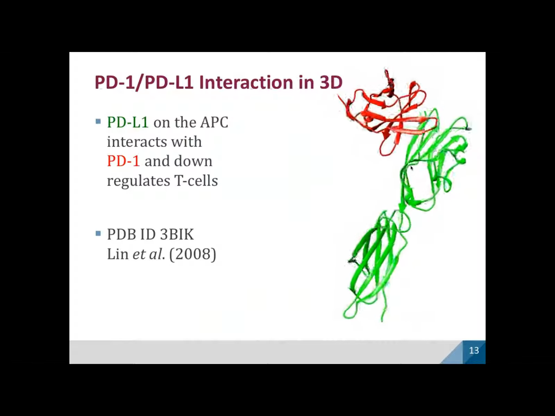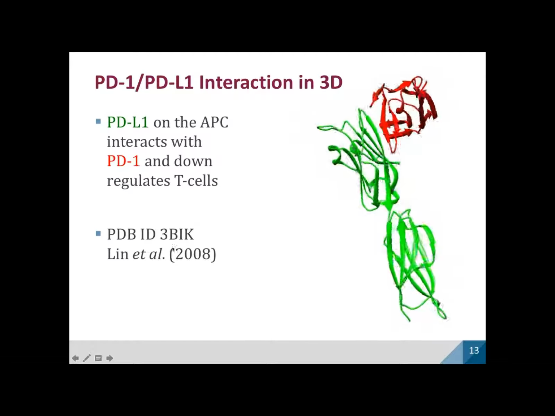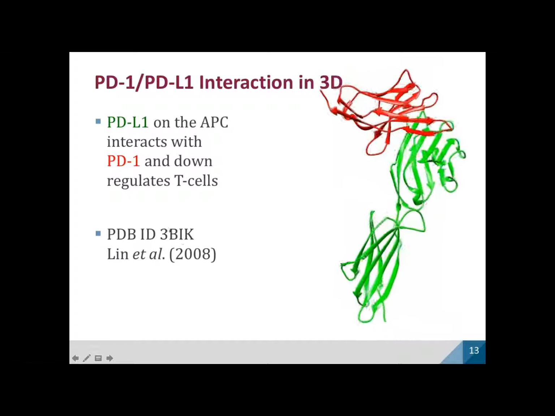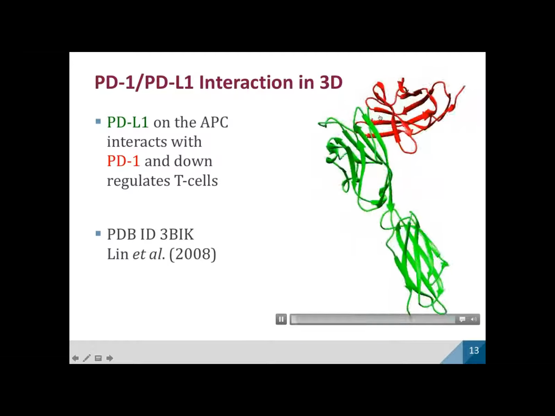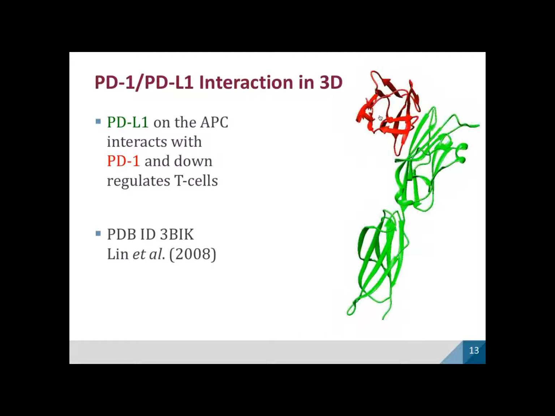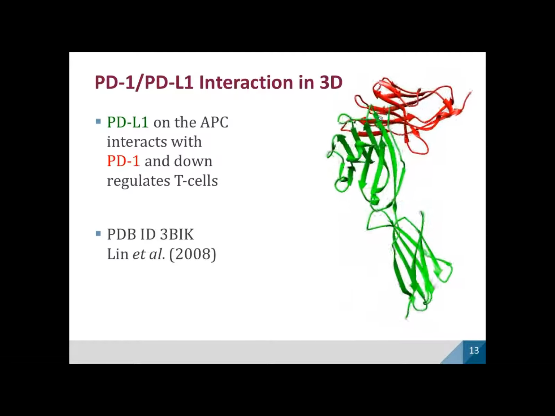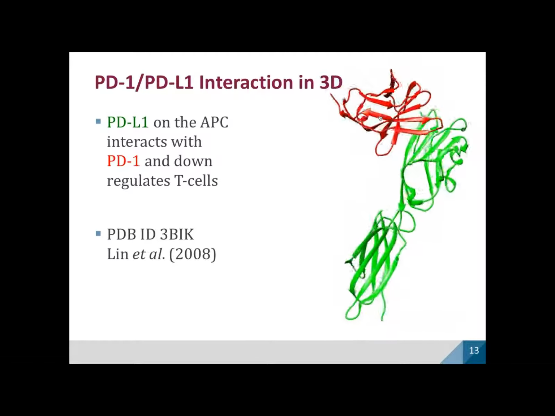All of this is in the PDB. In this particular case, the four-character code is 3 Bravo India Kilo, to use the NATO alphabet. It's this binding event that occurs when PD-L1 meets PD-1 at the interface between the two cells that has the impact of downregulating the T cell.